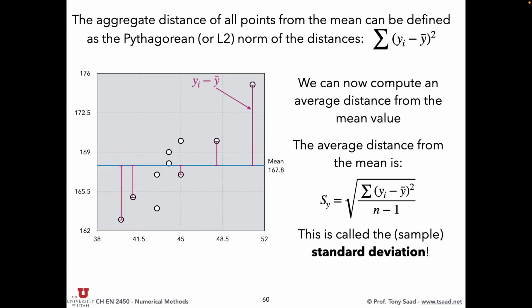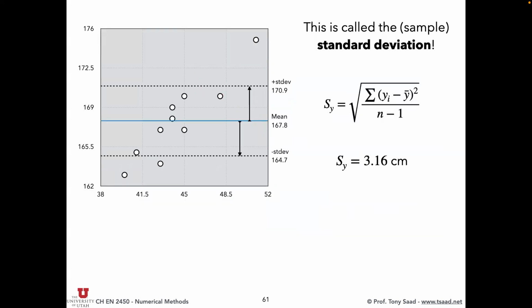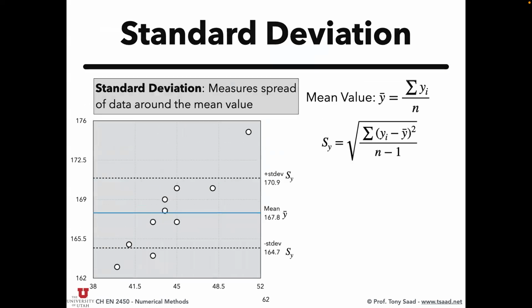For our case, I need this number because as we pursue this analysis, we're going to have to use it. This is what it looks like: the mean, and 1 standard deviation above the mean, which is 3.16 centimeters in this case, and 1 standard deviation below the mean. I define this as a measure of the spread of data around the mean value.